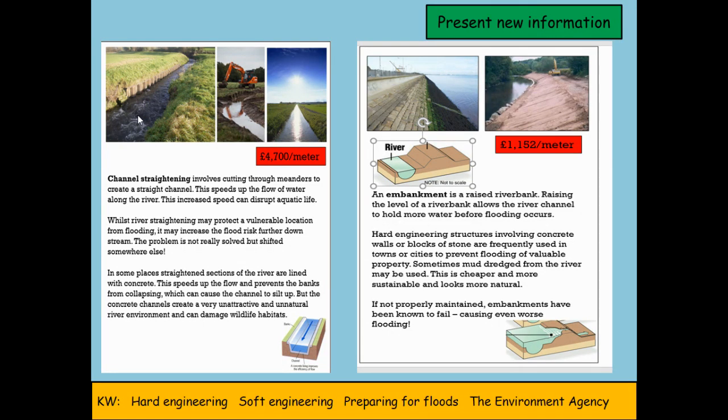So an embankment is a raised riverbank. If you are raising up the side of the river, as you can see here, the bottom of the river is there. By raising it up on a slope, whereas before the river would have flooded if it got to say here, because of this bank going all the way up here, that river's got to rise up a considerable amount before it then floods whatever's the other side of that wall, the road or a housing estate.